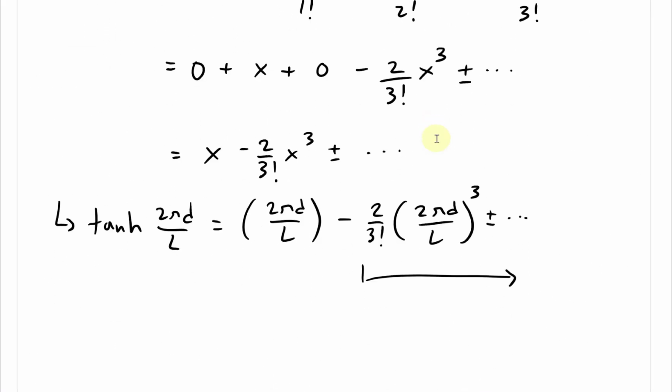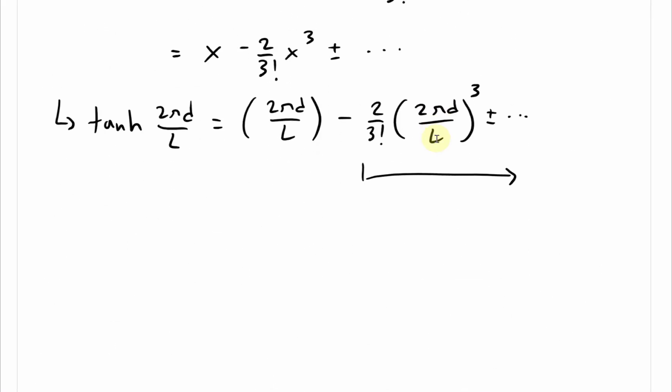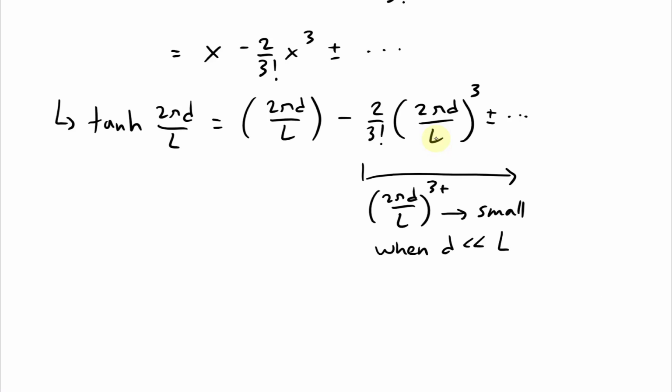So if we have the case where this is shallow, then 2 pi d over L cubed and the further terms become very, very small when d is much less than L, i.e. shallow. So it's a shallow pool.